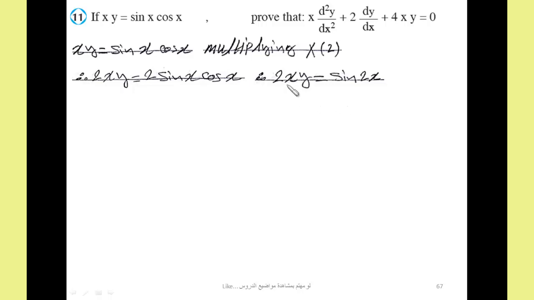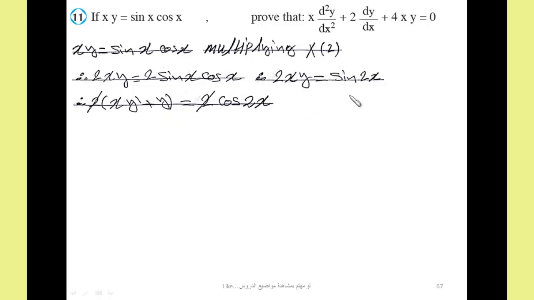We have here 2xy. We have xy, it is two functions. So what's the derivative of the product of two functions? We write the first times the derivative of the second plus the second times the derivative of the first. It will be xy dash plus y, equals the derivative of the right hand side.